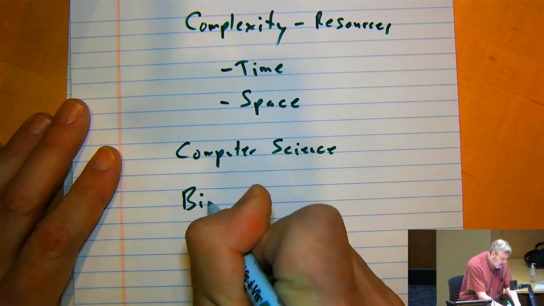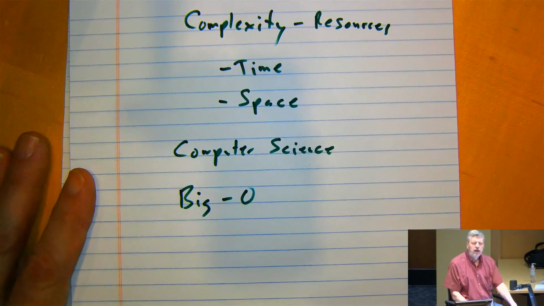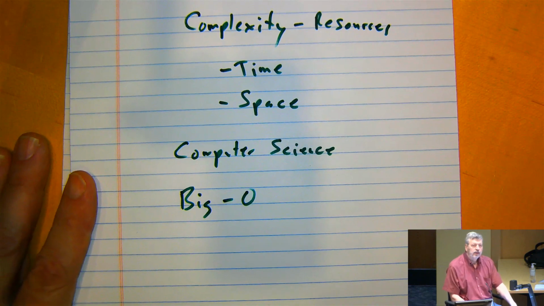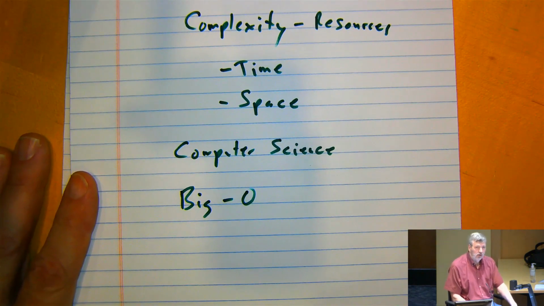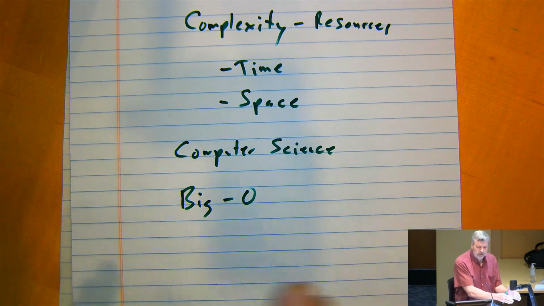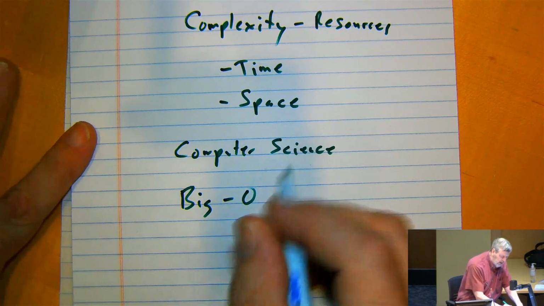There's a notation that we use for this, what's known as big O notation. It's a way of describing different categories of algorithms. I'm going to show you in a minute that we like the idea of thinking that there are different families of algorithms that have different complexity to them. Well, let's think about a specific example.